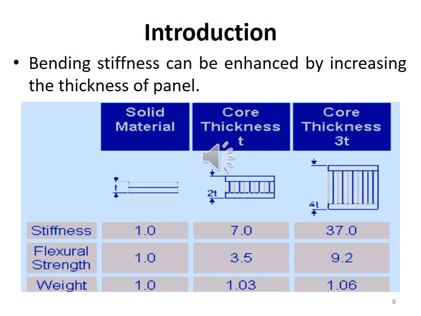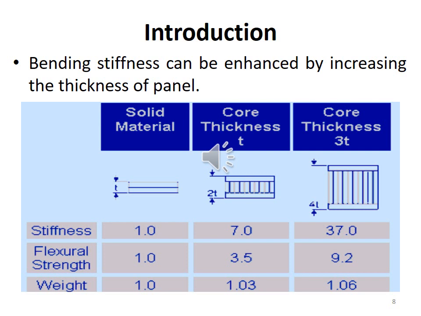The stiff and strong facing skins carry the bending loads while the core resists the shear loads. So the total deflection depends upon the bending and the shear. The bending depends on the skin properties and the shear properties depend upon the core.